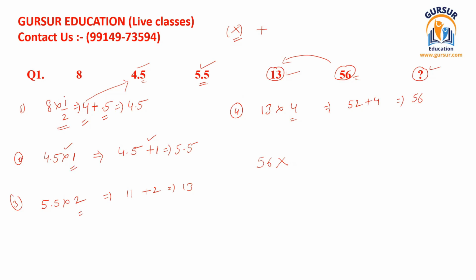When half was multiplied by 2, we get 1. When 1 was multiplied by 2, we got 2. When we multiplied 2 by 2, then we got 4. And now if we multiply 4 by 2, then we get 8. That means 56 should be multiplied by 8.